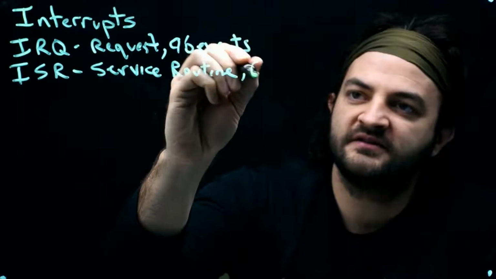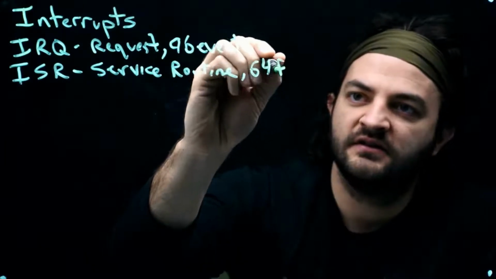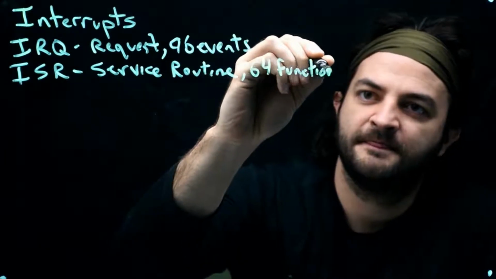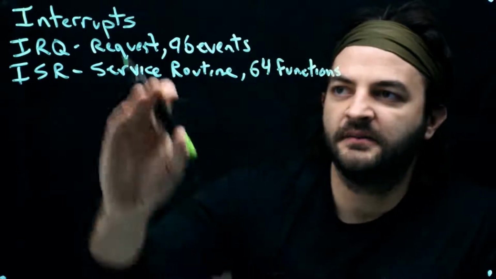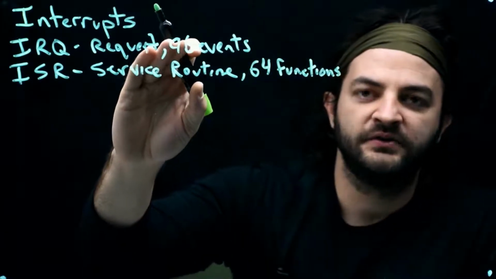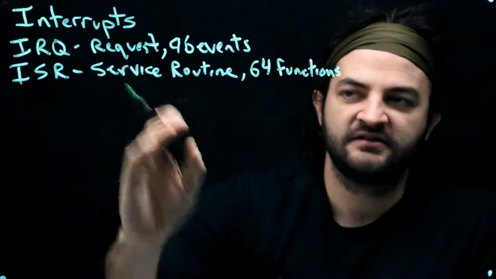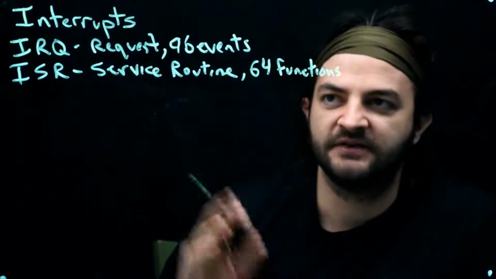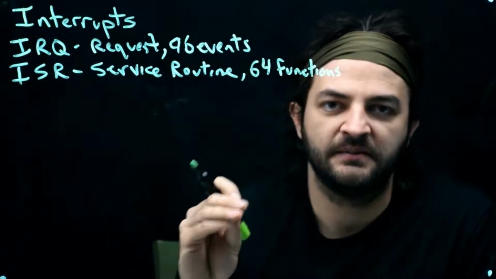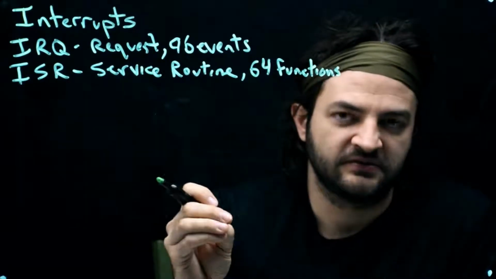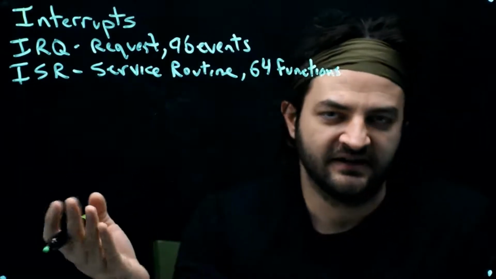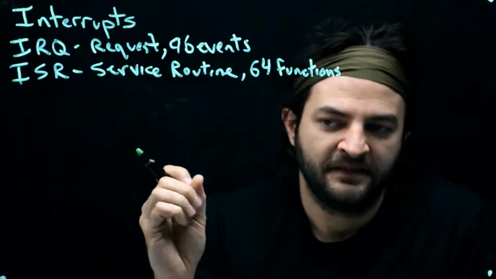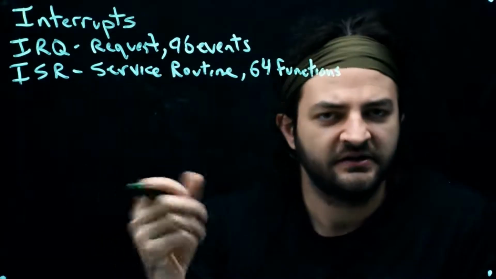Strangely enough, there's only 64 of these functions. That means that some IRQs will not go to unique functions. Some, like 3 different events, could generate the same interrupt. So when you get into that kind of interrupt, you might have to check to see why you got into this interrupt. Was it one of the 3 things that could get me here? They're usually related though.